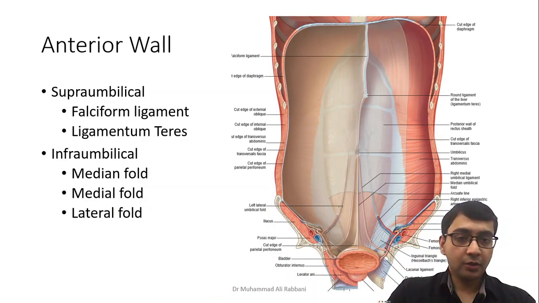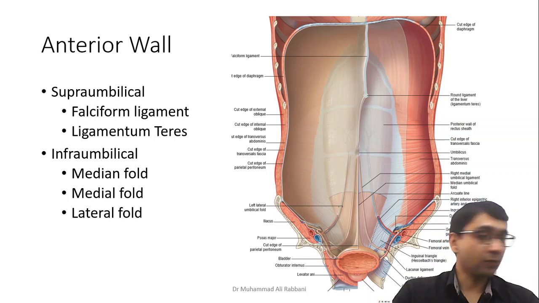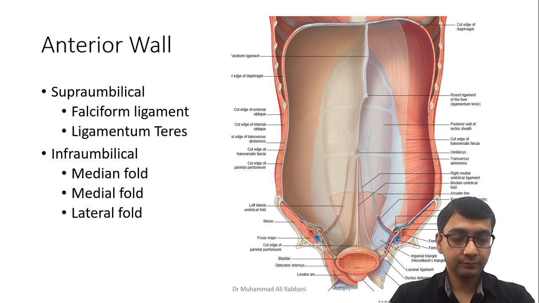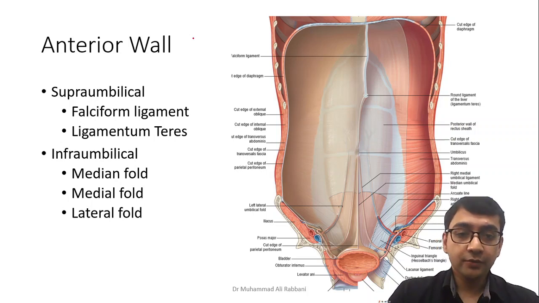Now talking about the anterior abdominal wall that we removed previously. If you see the inner aspect of the anterior abdominal wall, it is lined by peritoneum, just like the rest of the peritoneal cavity.